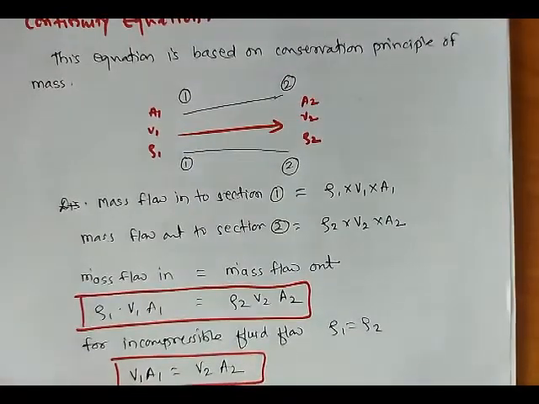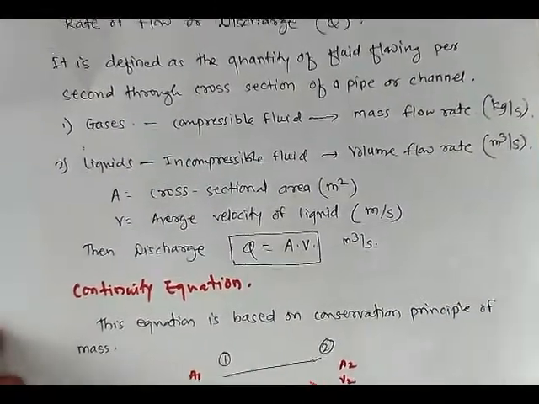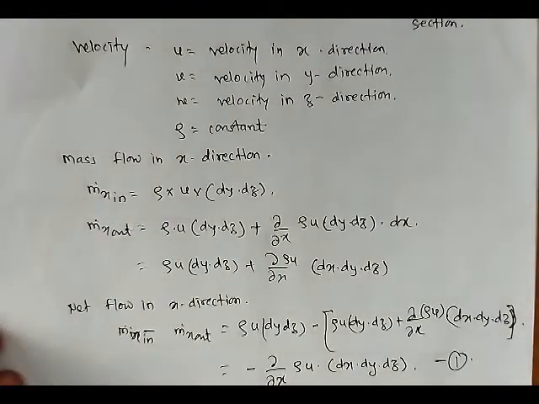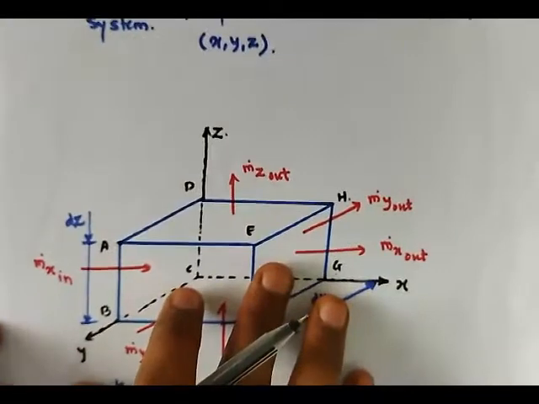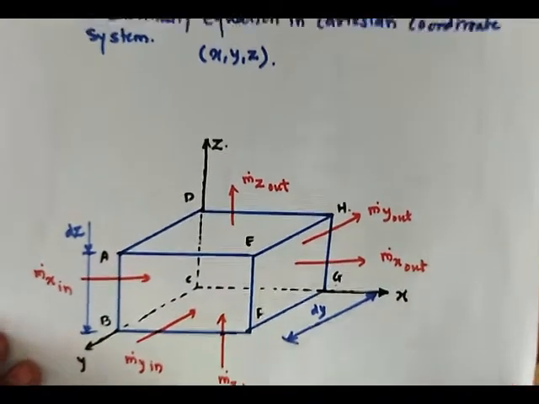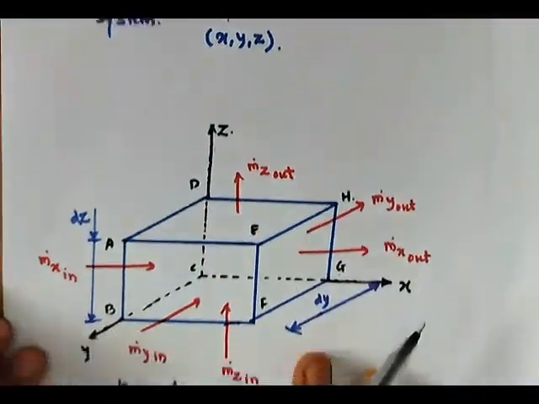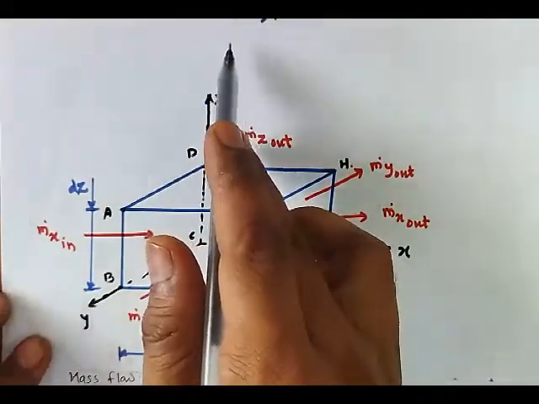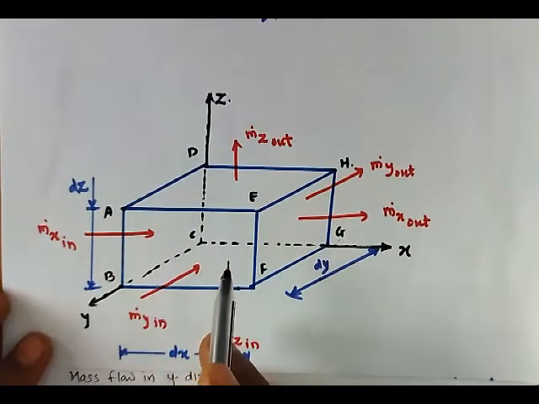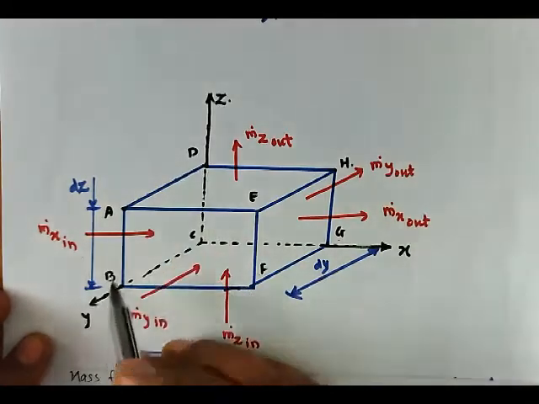Now we will see the continuity equation in the Cartesian coordinate system. In the Cartesian coordinate system, we consider the coordinates in terms of x, y, and z.